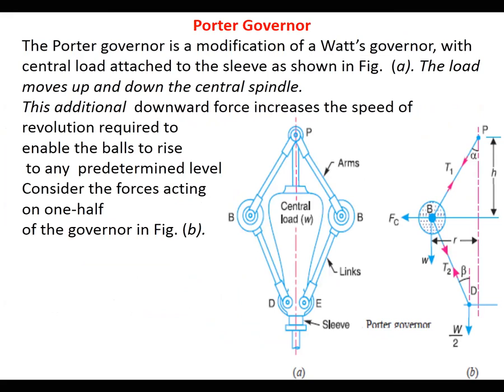Load type governors are of two types: dead weight governor and spring controlled governor. Next class we'll see this. That is called the Porter governor. So once the Porter governor starts, it belongs to load governors, right?